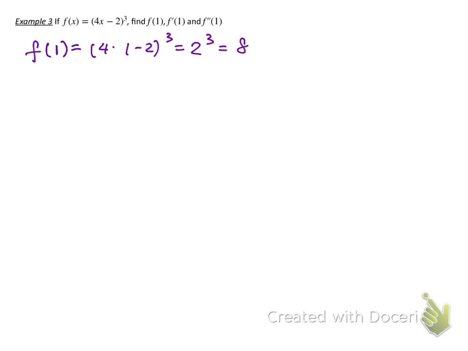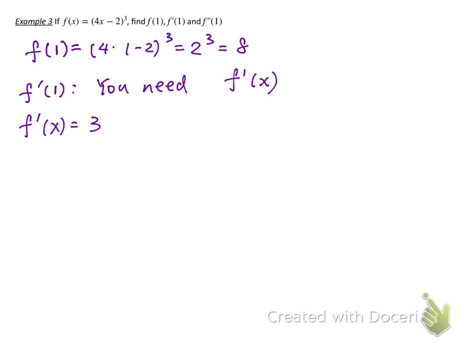Now f'(1), you need to find f' first. Just like if you want to find f(1), you need to know what f is, if you want this, you need the expression of f'(x) first. So what's f'(x)? General power rule: 3(4x - 2)^2. You pull the exponent to the front, you lower the exponent by 1, and if the base is not x itself, you differentiate it.